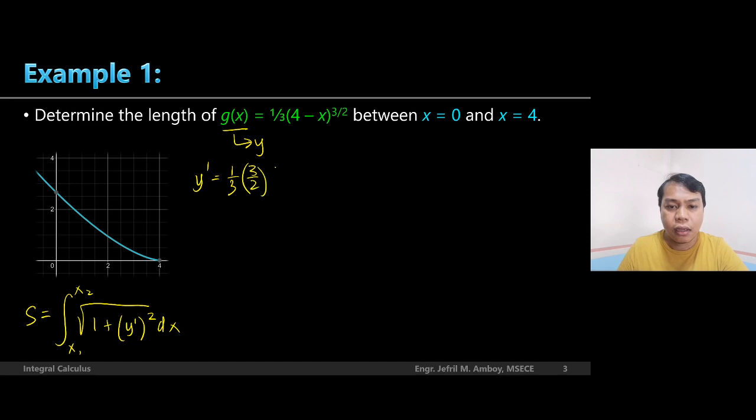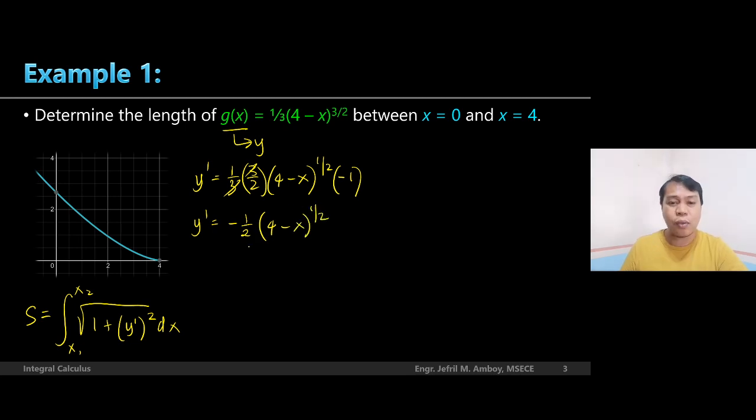Okay? Times, ito, 4 minus x. 3 halves minus 1 is just 1/2. And then, the derivative of this is negative 1. Okay. So, we can cancel 3 there. So, our y prime is negative 1/2 times 4 minus x raised to 1/2. Okay, so this is our y prime.